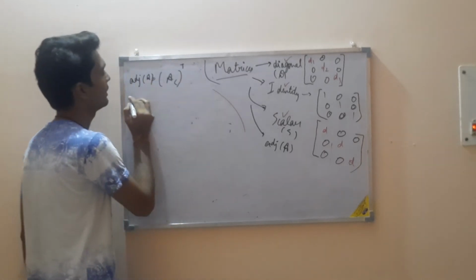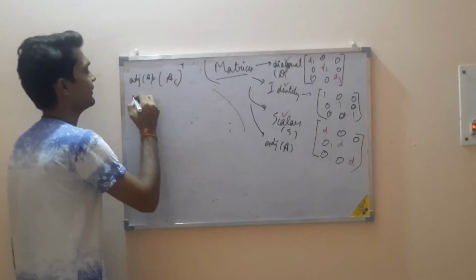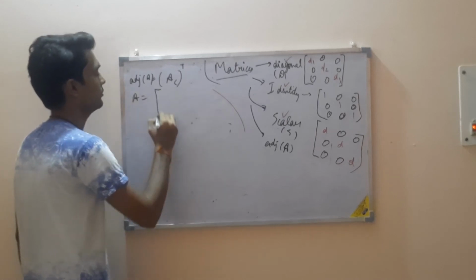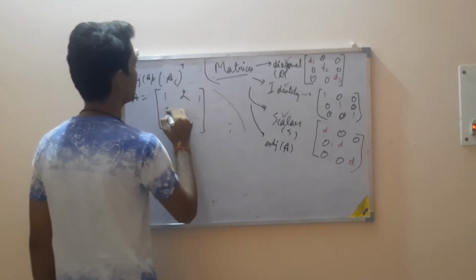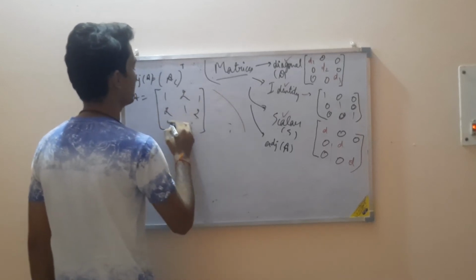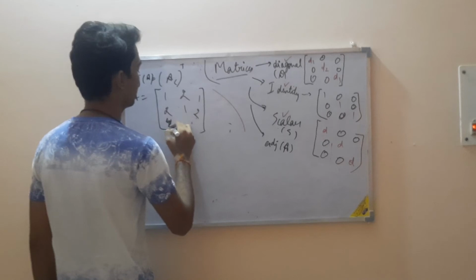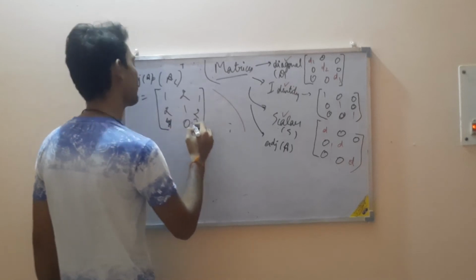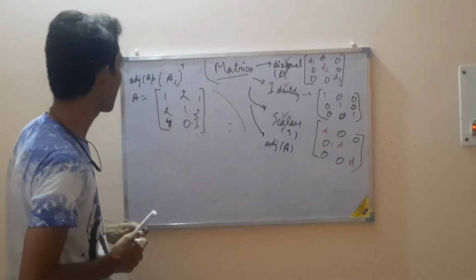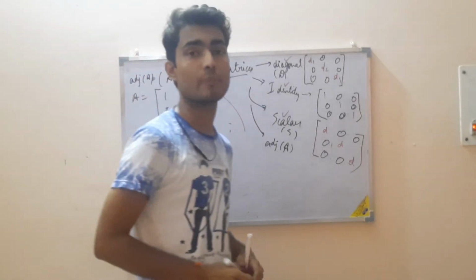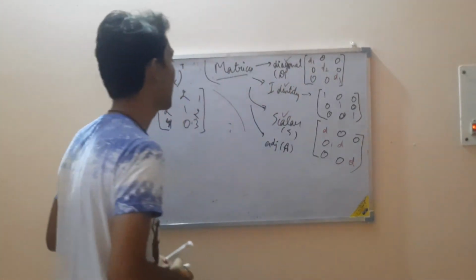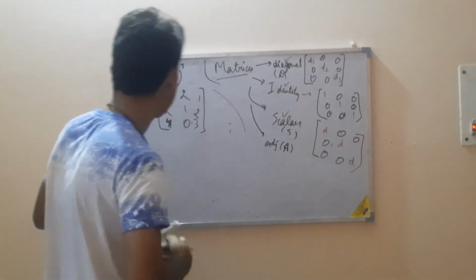So let's take a matrix A equal to 1 2 1, 2 1 2, 4 0 3. So how will we calculate the adjoint of a matrix?